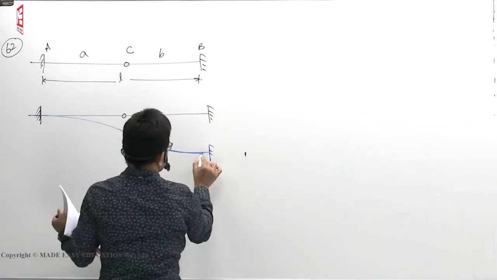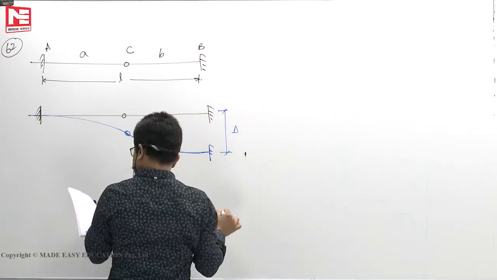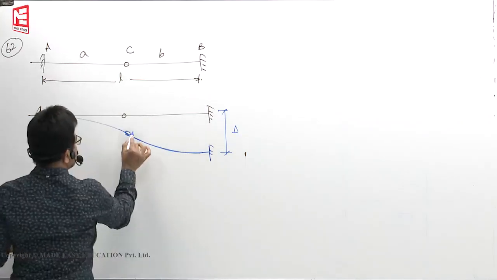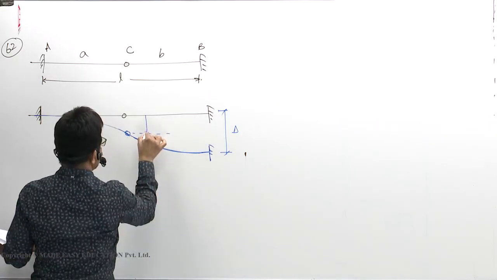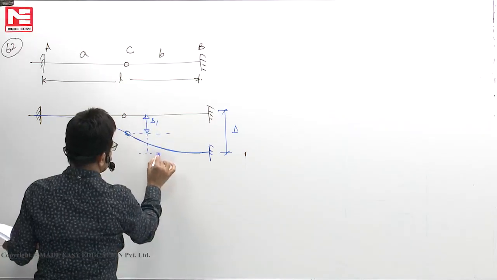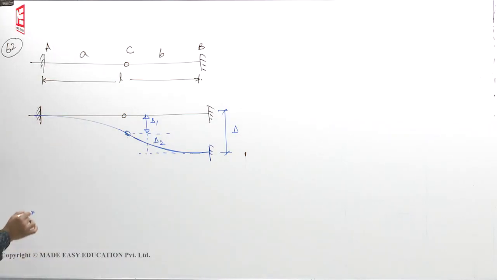Okay. This total depth is say delta. It deflects by an amount of delta. Let us say up to here, this value is delta 1. From here to here, let us say delta 2. Delta 1 plus delta 2 is delta.